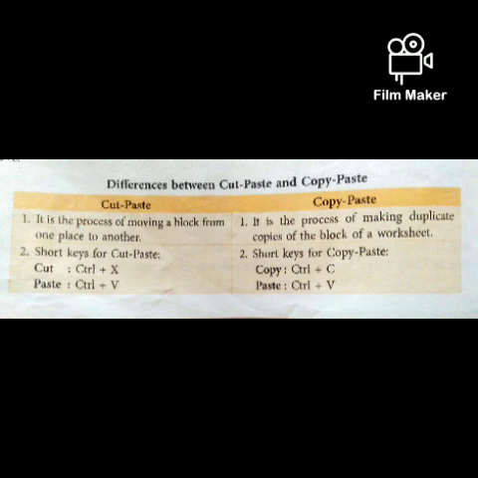And of course the key combination is different. One is Control and X to cut, another is Control and C to copy. This is one more difference. Apart from that, by copying the data we can get multiple copies of the information, whereas in the case of cut and paste we get a single copy of the information.